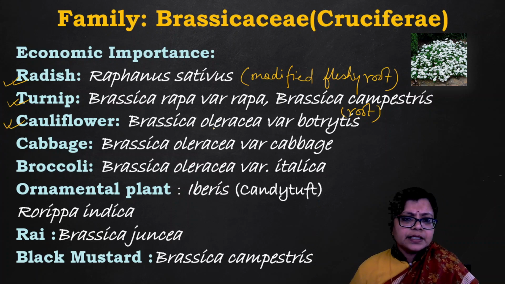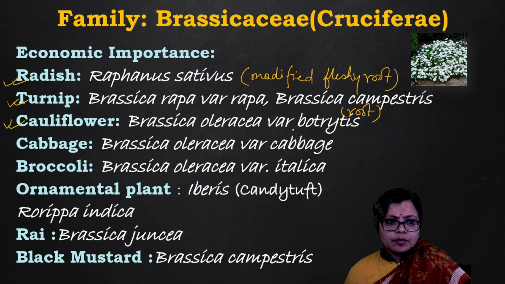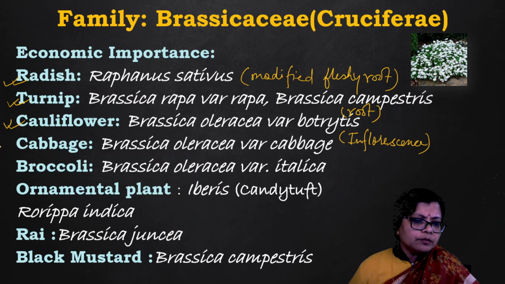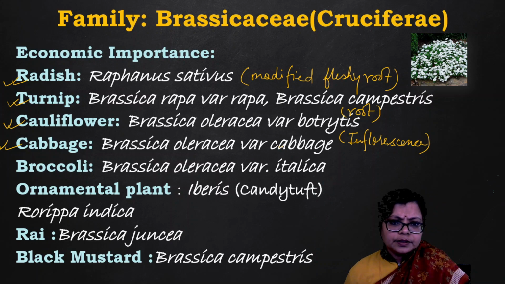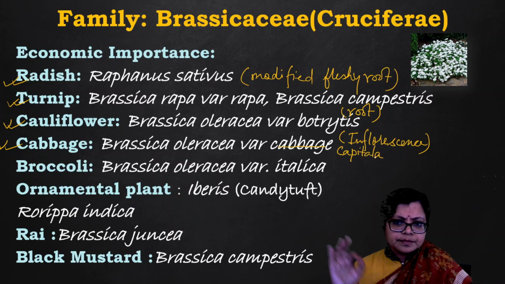Cauliflower, Brassica oleracea variety botrytis. Cauliflower, that is the inflorescence, used as vegetable. Now the cabbage, Brassica oleracea var. capitata, C-A-P-I-T-A-T-A. Please make it correct.